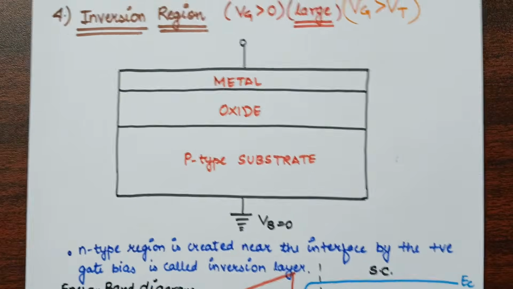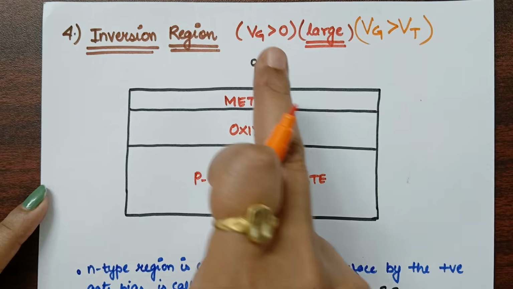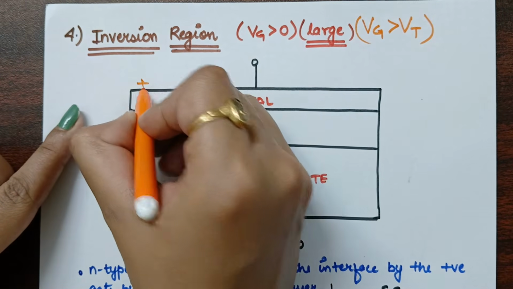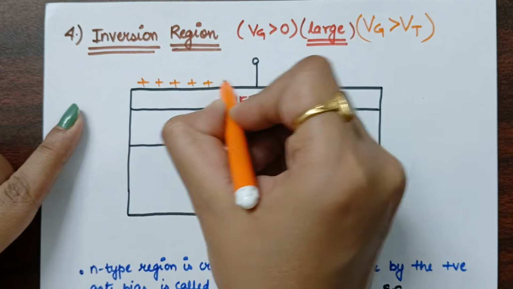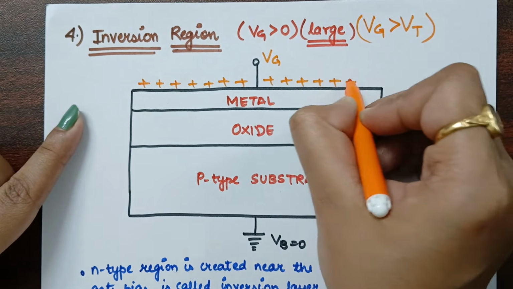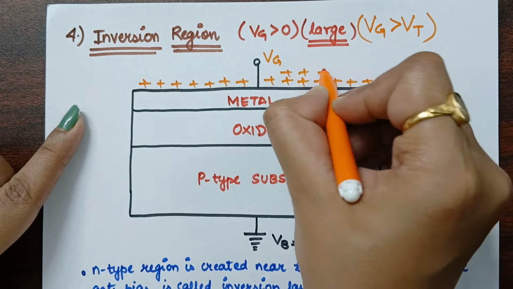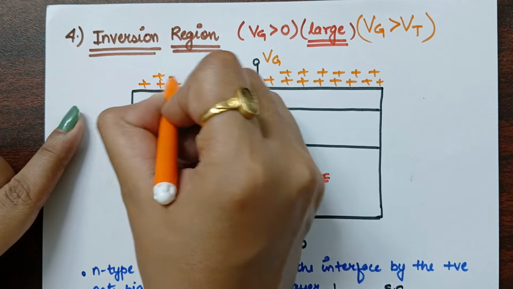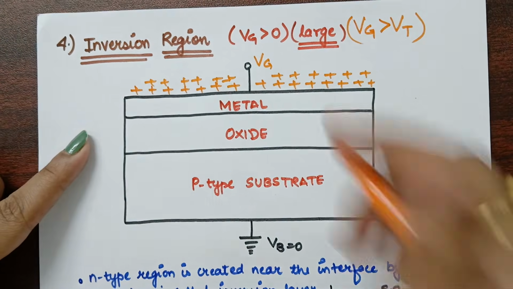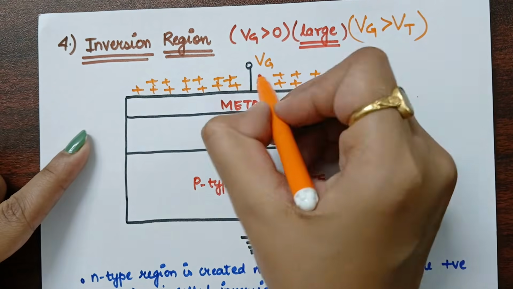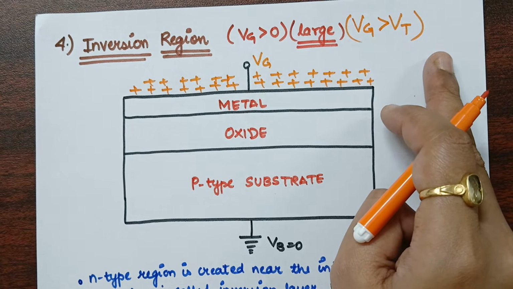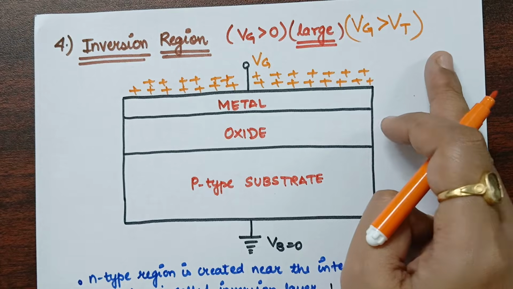Since VG is positive and we have applied a large value, a high concentration of positive charge will accumulate in this particular region.